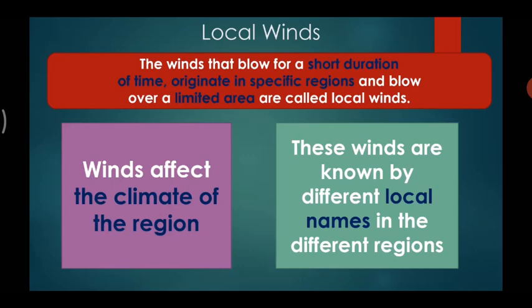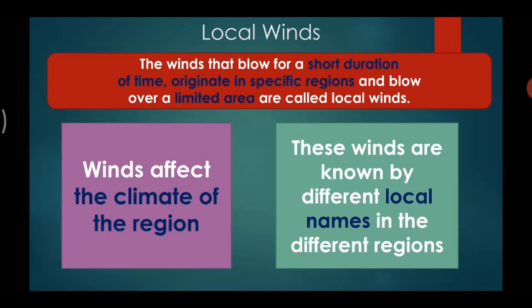These three types of wind, local winds won't blow like them. Local winds only blow for a short period of time. And one more thing, they will not blow everywhere. They will originate in specific regions and blow over a limited area. That's why they are known as local winds.